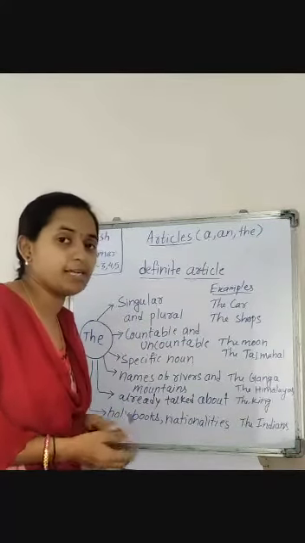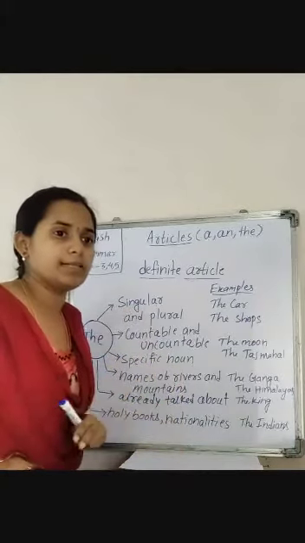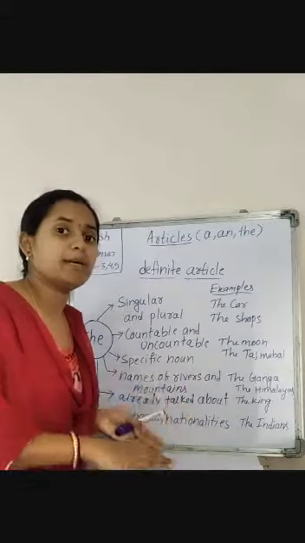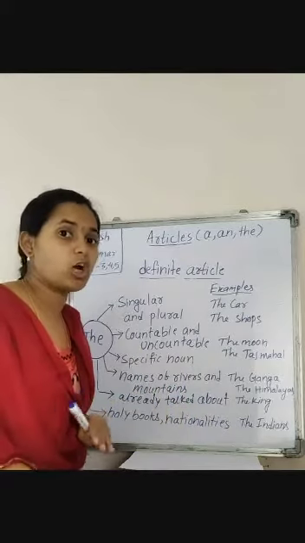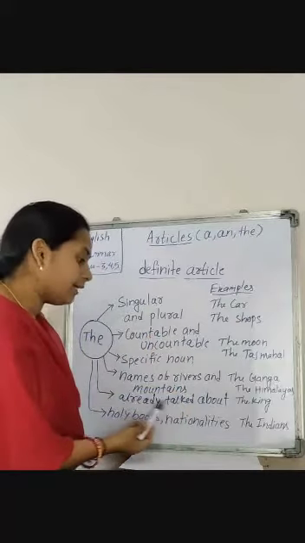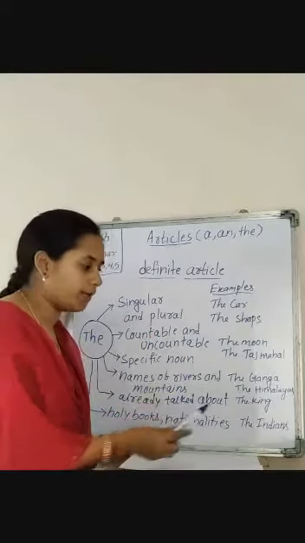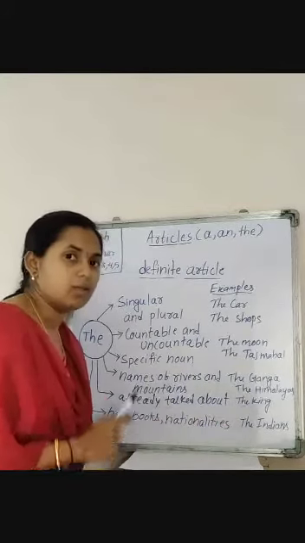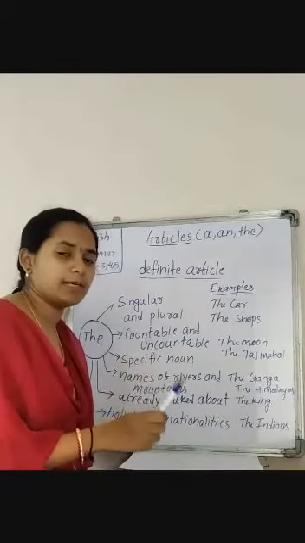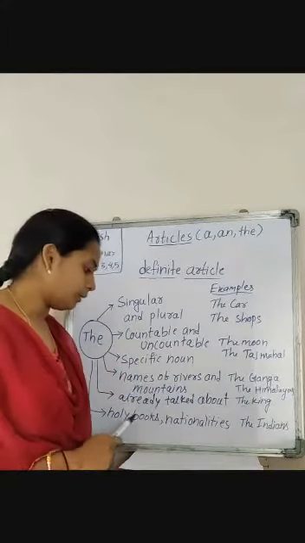As I said, in the first sentence it was a king and it becomes the king. Similarly, a cat becomes the cat, which was already told in the previous sentence. Example I have written here: the king, the cat. A king becomes the king.